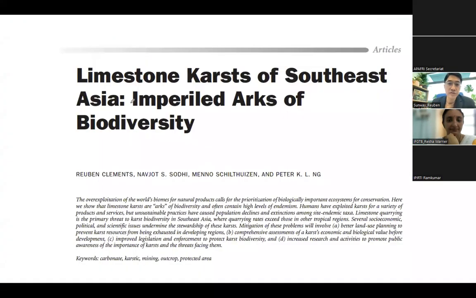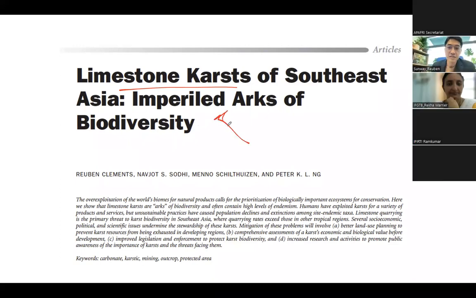So this is an example of limestone karst forests. And we also wrote a review article, Limestone Karsts of Southeast Asia. And you notice here we wrote Imperiled Arks of Biodiversity. So this is an example of a very catchy title. I'm going to cover how to write titles later, but again, this colon is a very powerful use of the punctuation mark. You state what you're actually trying to write about, limestone karsts of Southeast Asia, and then you tell people these are imperiled arks of biodiversity.